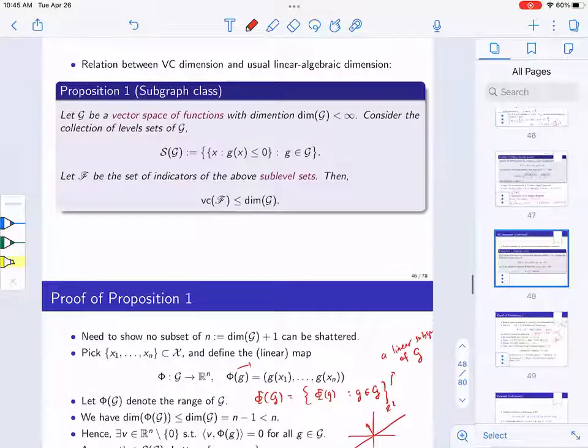What this is saying is, if I shatter the set of points, I can get any sign patterns for these G's.